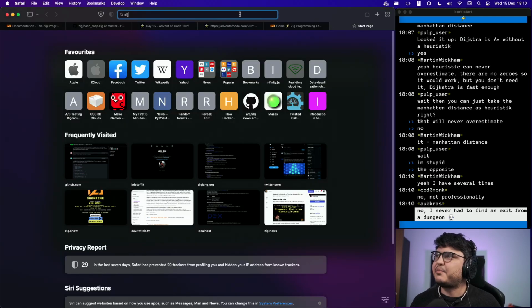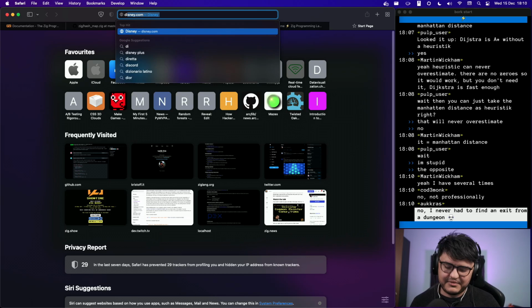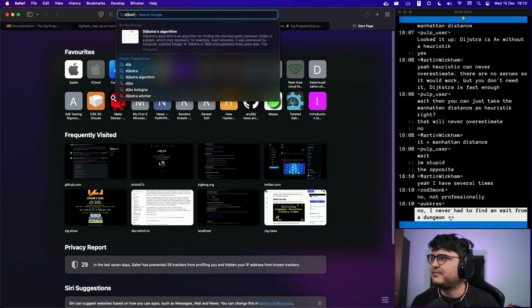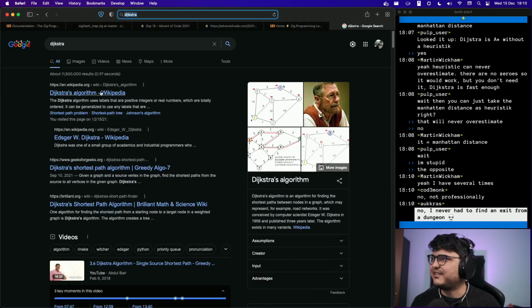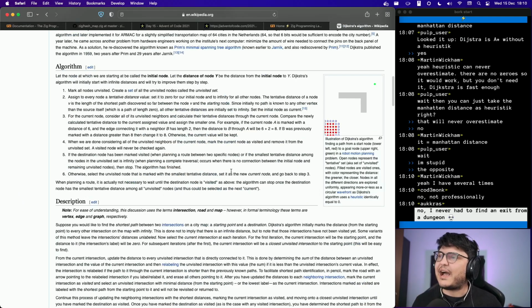So here's problem number 2. How do we implement Dijkstra? Actually, problem even before that, how do you type Dijkstra? Is this it? Okay, that's how you type Dijkstra. Man, I haven't implemented this in ages.